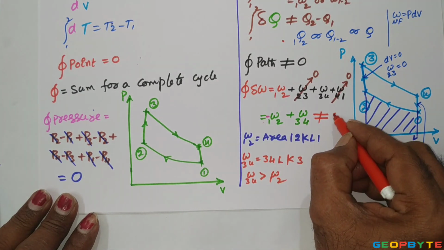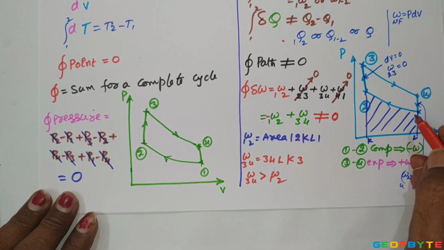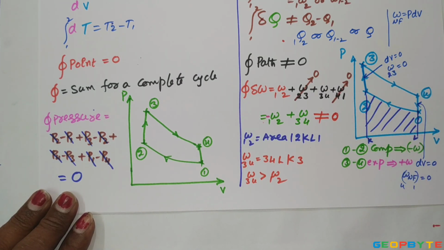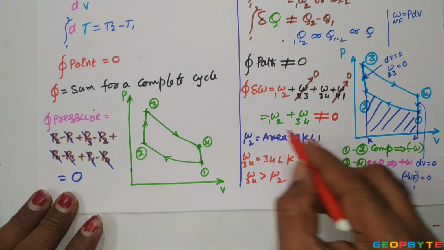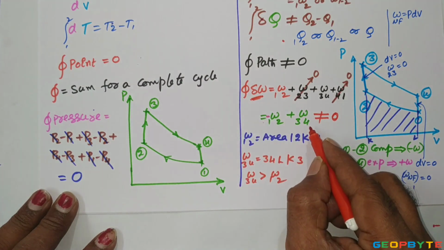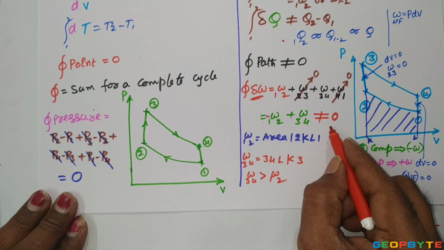Of course, for this particular case, it may be positive because this cycle is constructed in the clockwise direction. A cycle in the clockwise direction is only for a power developing system. That is the reason the net work is positive. Anyhow, the cyclic integral of a path function quantity is never equal to 0.